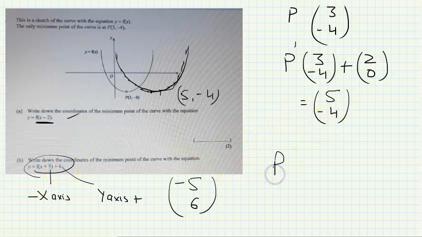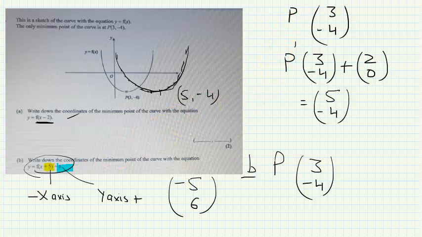So for part b, the original coordinate is 3 and minus 4, and our changed coordinate, negative of this, if it is negative 5, you write plus 5, and the y coordinate will remain the same.